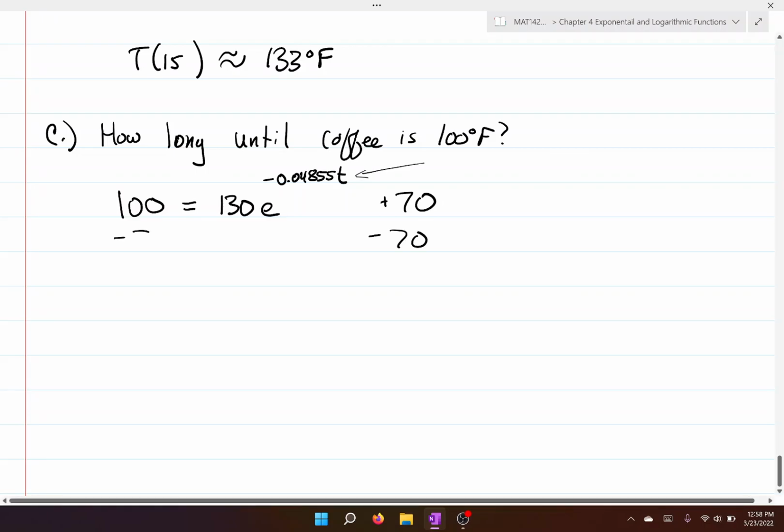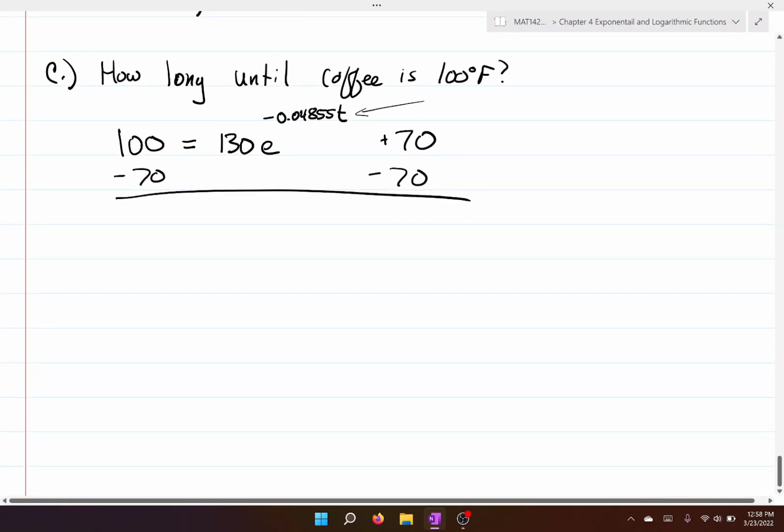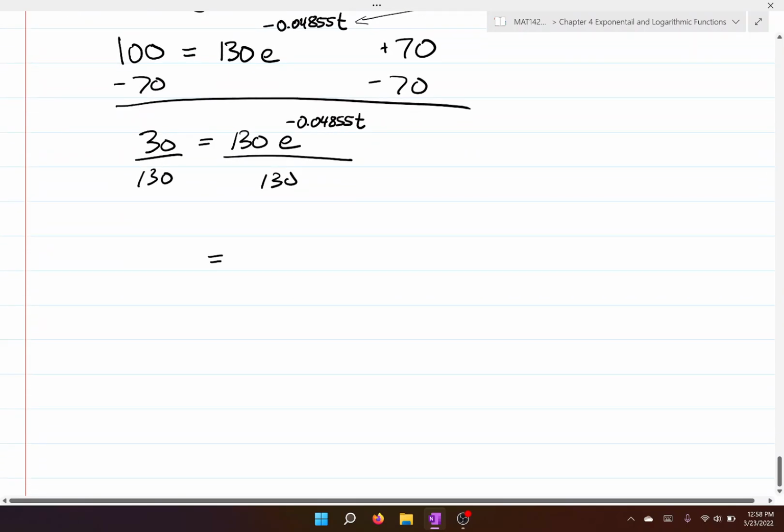So let's go ahead. Let's isolate the exponential. We're going to subtract 70 from both sides. That's going to give me 30 equals 130 e to the negative 0.04855 t. Divide both sides by 130. That is going to give me e to the negative 0.04855 t on one side. On the other side, it's going to be 3 over 13. I just reduce it, divide it by 10.